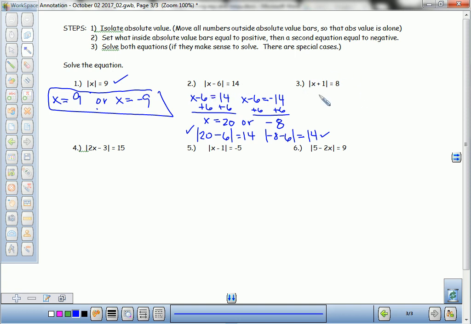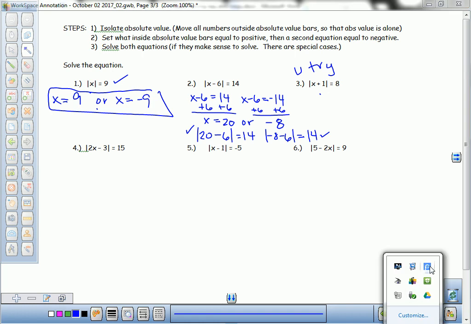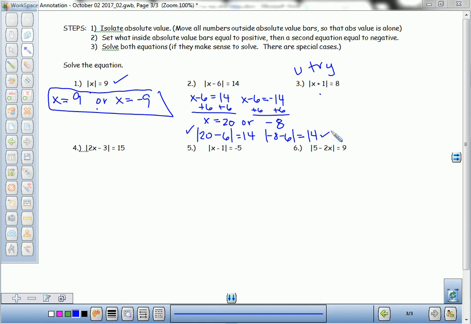Okay, so the second one, actually let's make this a you try. I think you can do this. You try number 3. Okay, since it's already isolated, we take the absolute value and set it equal to the positive and the negative and solve.